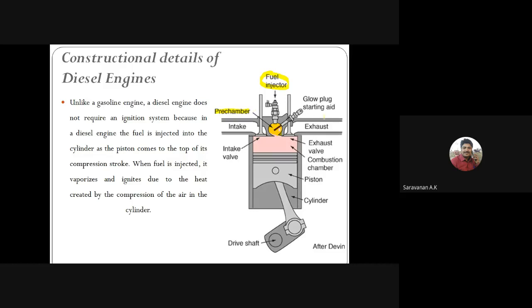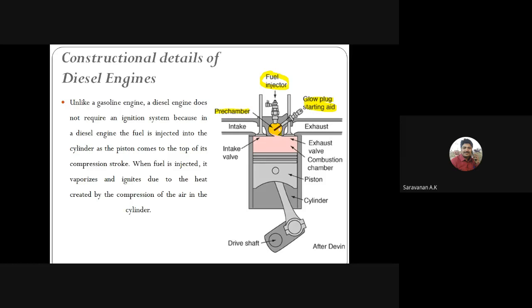And we have a starting aid, the glow plug for starting. So these three are there in the diesel engine construction.